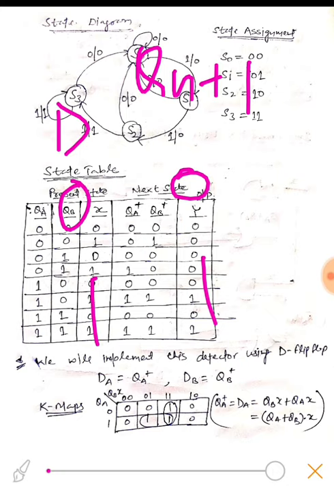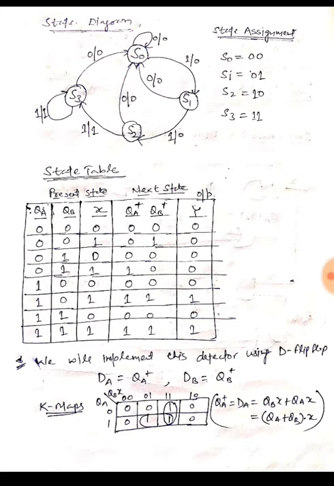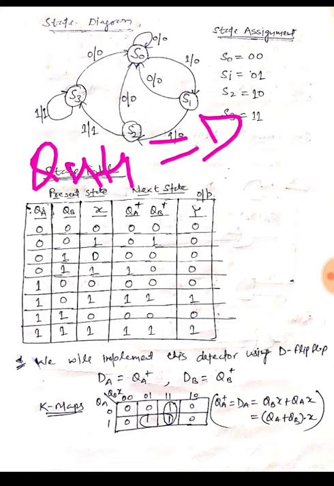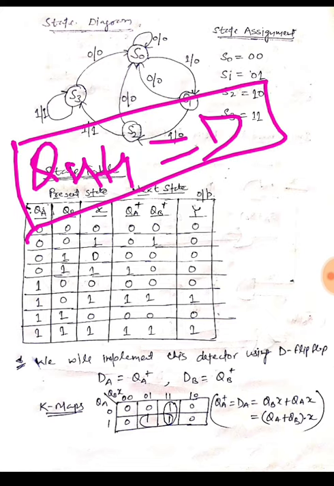That is, the next state Qn plus 1 would be equal to D. This we all know from our learning of flip-flops. The next state is always equal to the input.